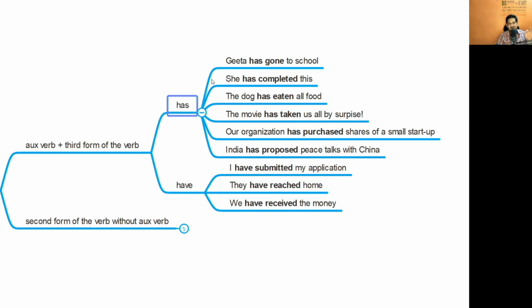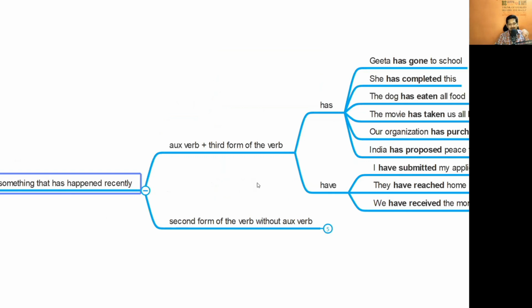The auxiliary verb has is used only in case of names, or she, he, or it, or some object, some organization, some country. You can use has, but with I, they, we, you must use have. So auxiliary verb plus third form of the verb to express something that has happened very recently.